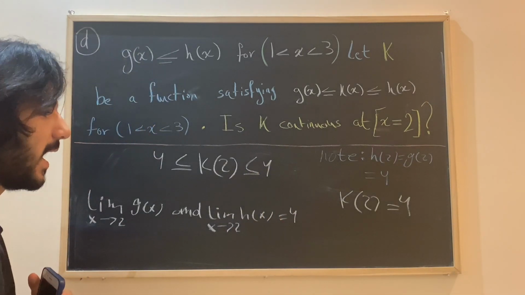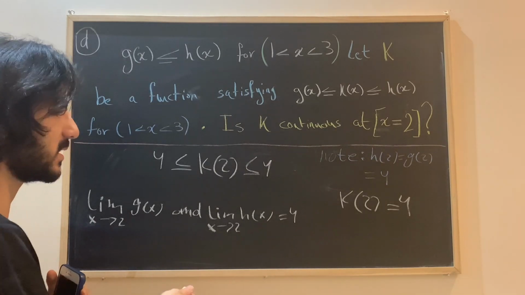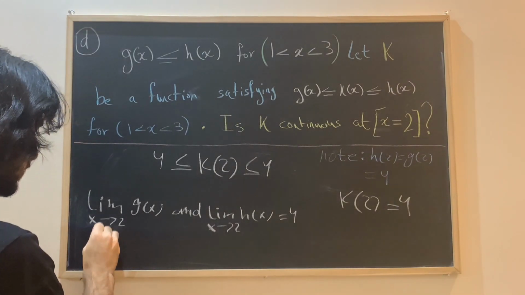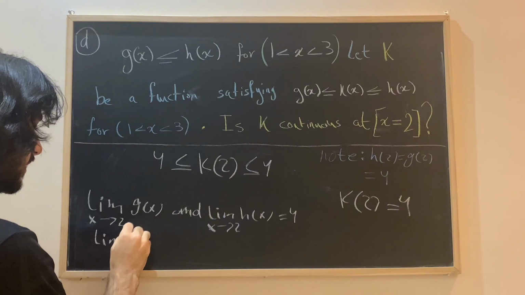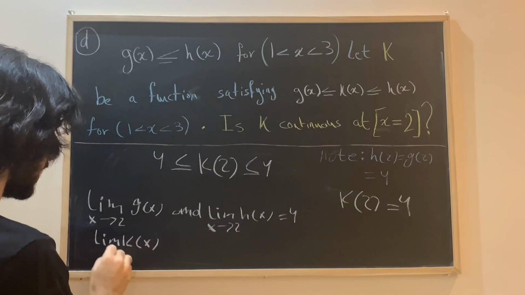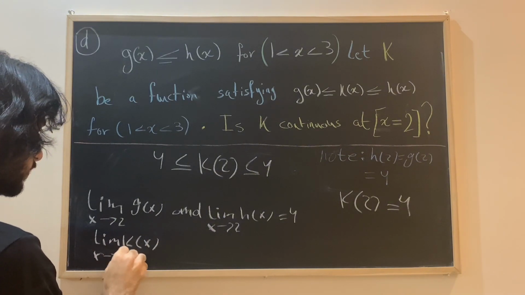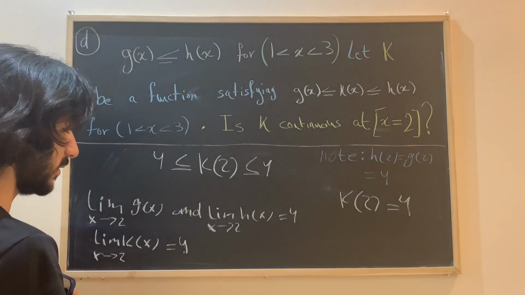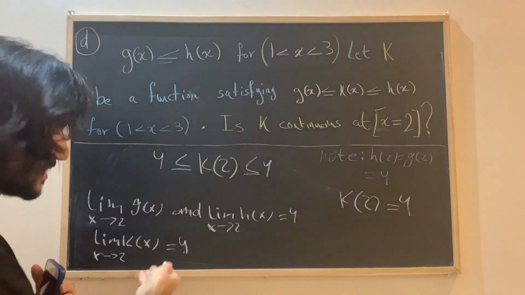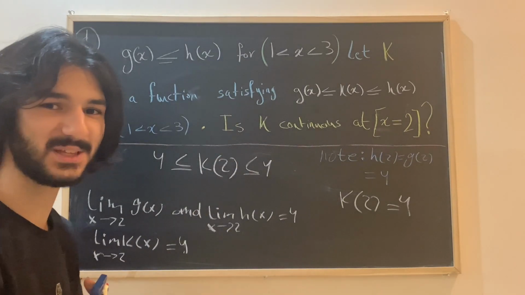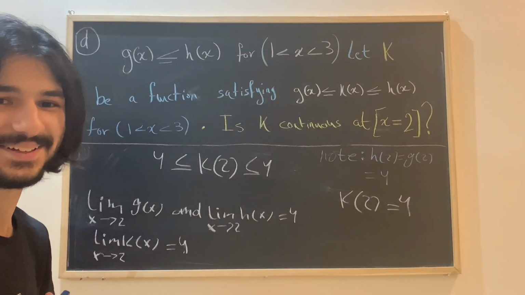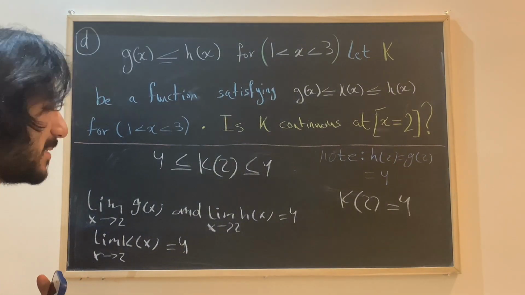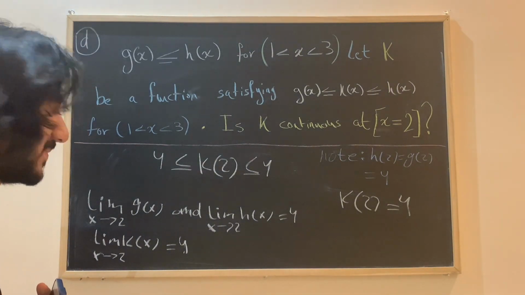So that means the limit of k of x as x approaches 2 is also going to equal 4. And that means k is continuous. I've proven it. It seems underwhelming, I know, but it's that simple.